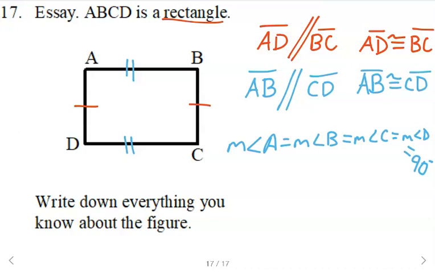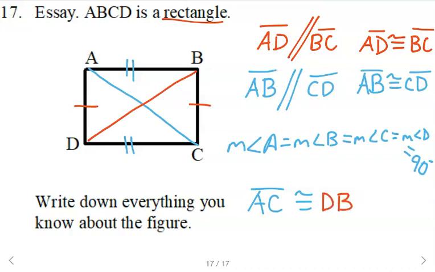So if we drew in this diagonal AC, that must be congruent to this other diagonal, DB. And there's more stuff you can probably think of, but that's a good start.